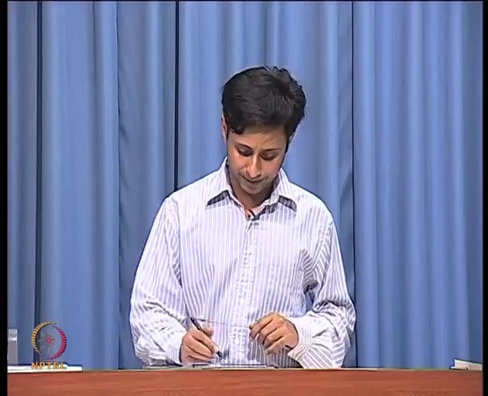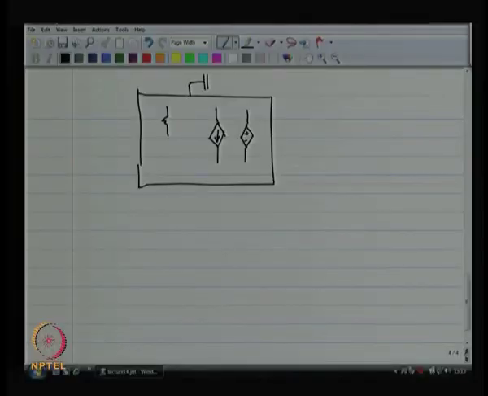Suppose I have got a capacitor between these two nodes. You stretch it out of the network and remove the capacitor. Remove all the other capacitors inside too, and remove means open circuit.